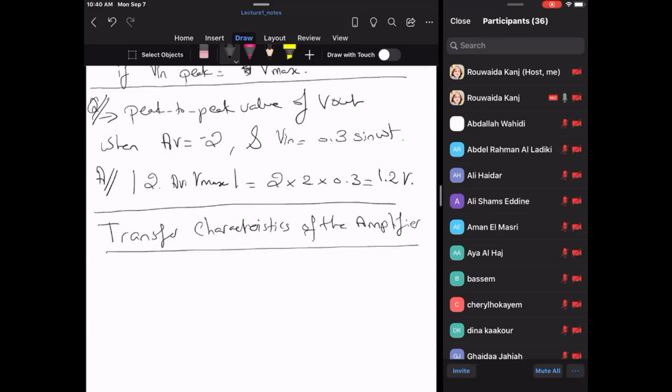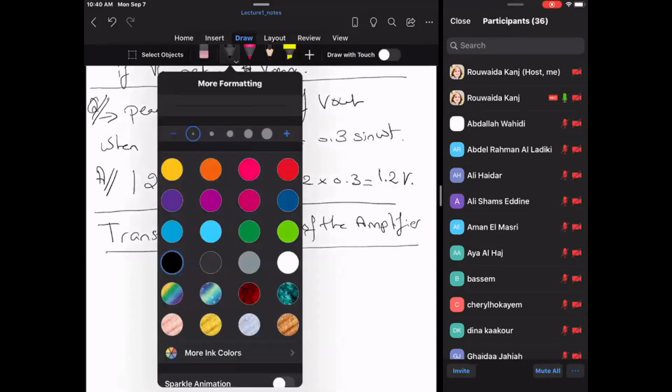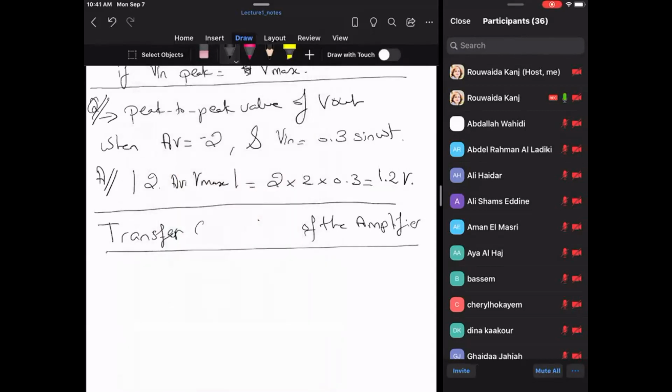Just like any transfer function, it shows me the properties of V out versus Vn.